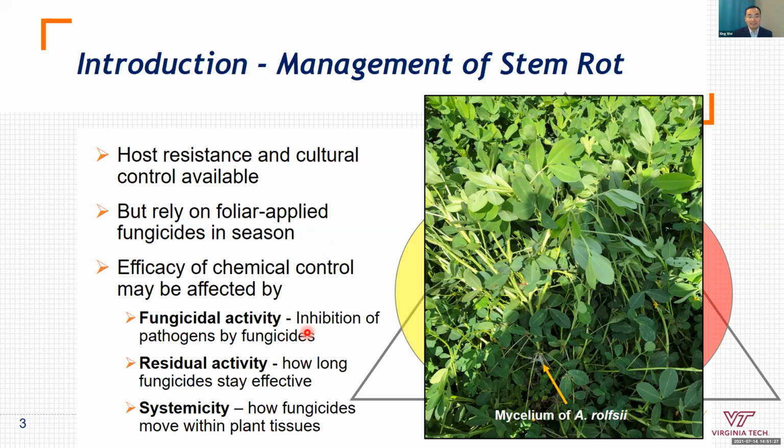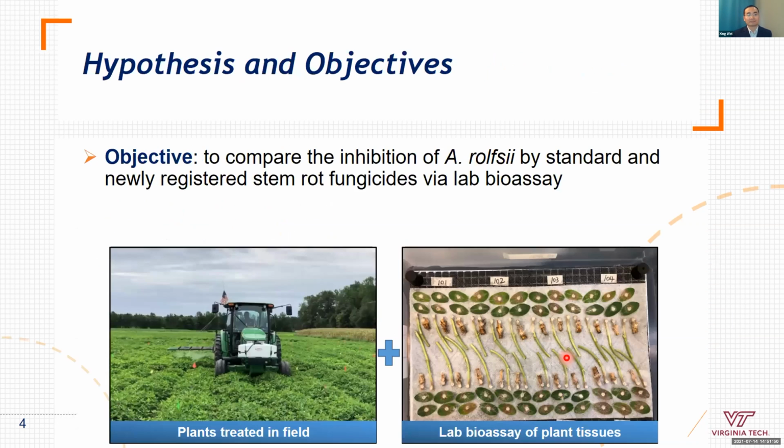Lastly is the systemicity. That means how well those fungicides can move or translocate within the plant. This is very important for the control of soilborne disease like stem rot, because as you can see in the picture on the right, the infection of rolfsii is inside the canopy. So how do those foliar fungicides translocate into this infection site? That's an interesting question to answer.